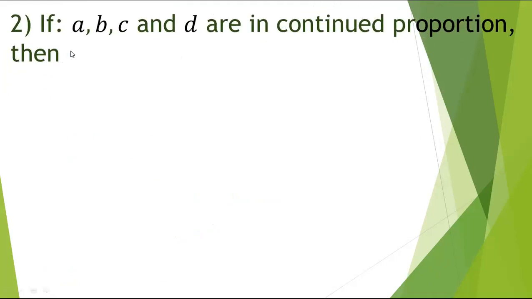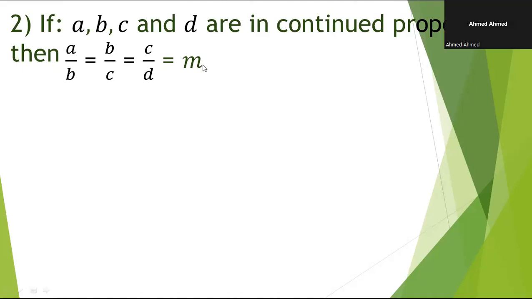Number 2: if A, B, C, and D are in continued proportion, how can I write the ratios? A over B equals B over C equals C over D equals the constant M, or N or L or K as you write.